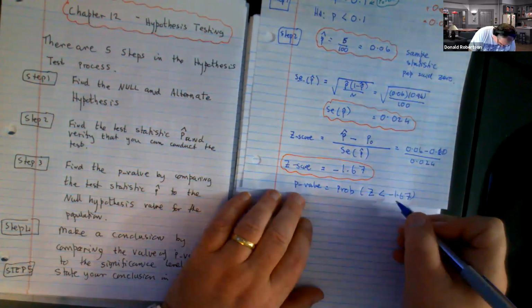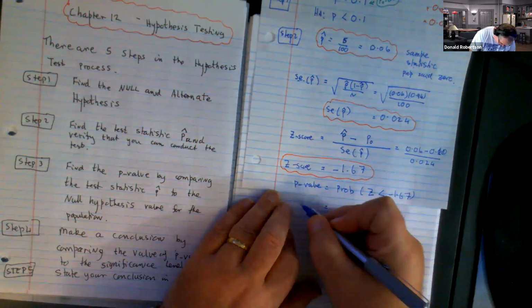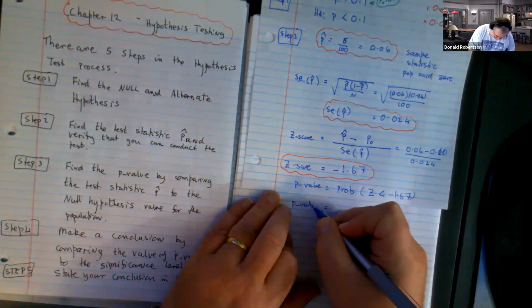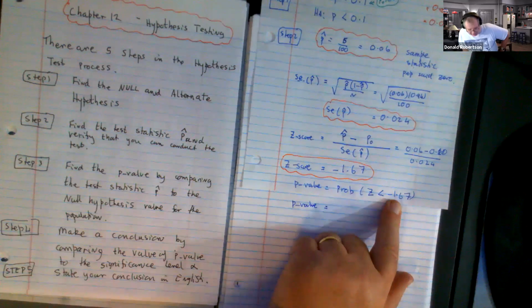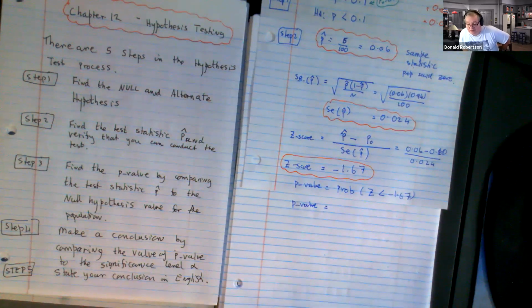Now this one, you could do it in your calculator actually, if you've ever looked into your calculator, but there comes a point in time where you have to do it by tables or by software.